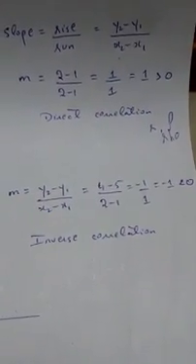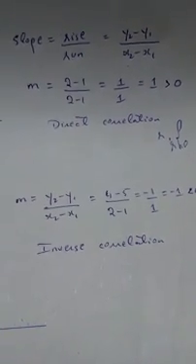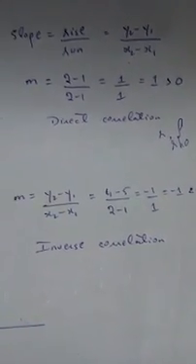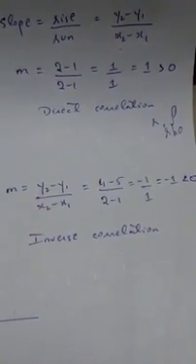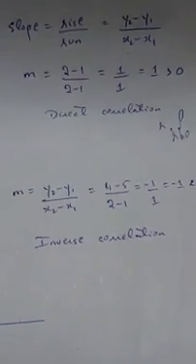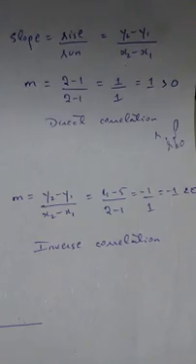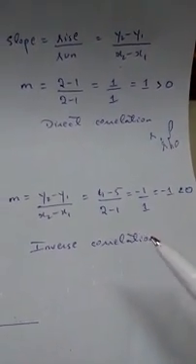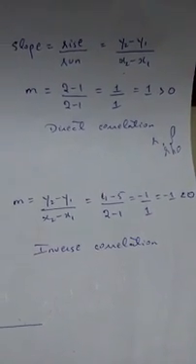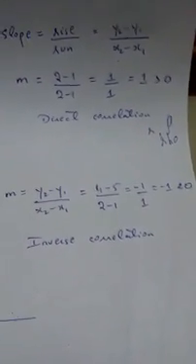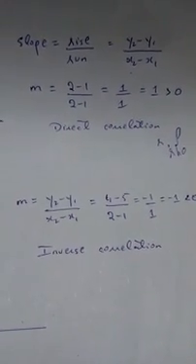So the question comes to mind: is there any numerical method of determining the nature or the degree of correlation? Is there any mathematical way, a calculation way, or quantitative way, I must say? So yes, there is. If you want to come to know the degree of correlation, whether the correlation is strong or weak, then numerically you need a representation for the correlation that you call the correlation coefficient.